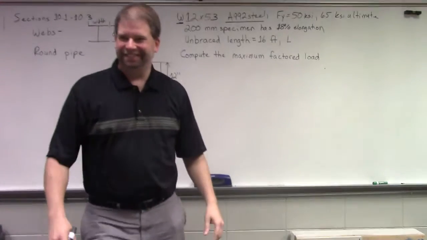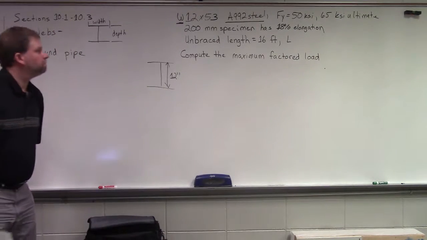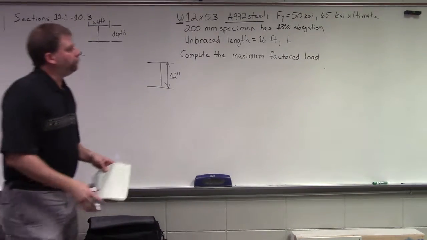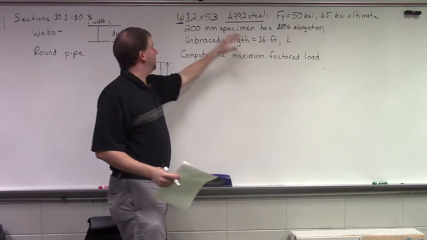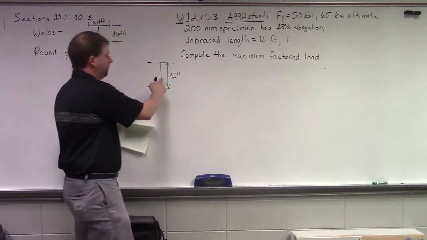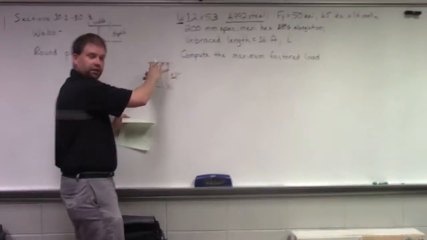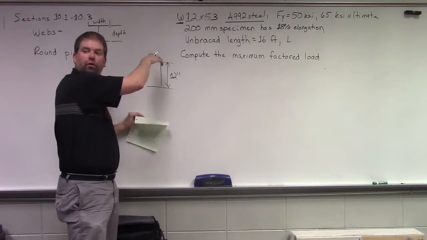Wouldn't the unbraced length be the same as the depth? So the question is, why is the unbraced length not the same as the depth? Remember that when we're talking about the depth, we're looking at this thing coming out of the board at us and going back into the other room.